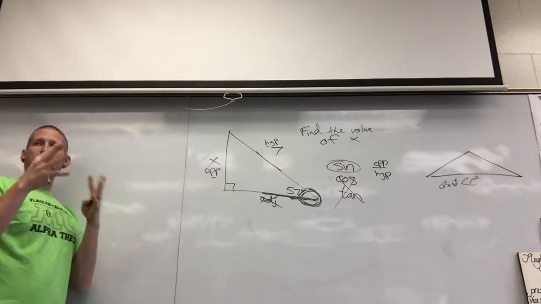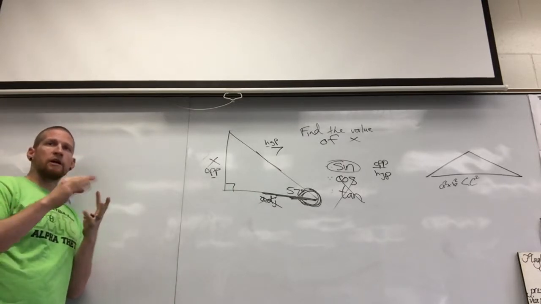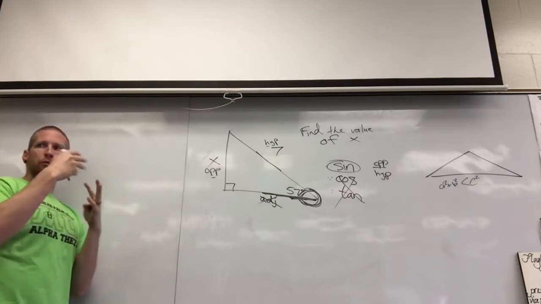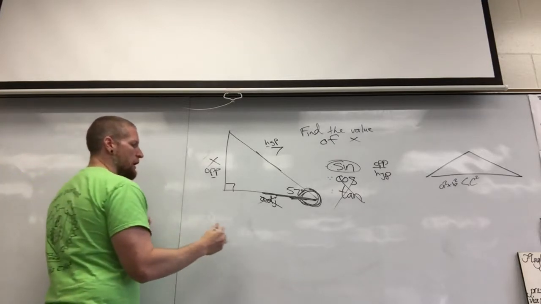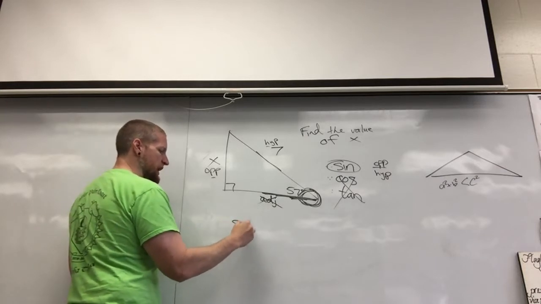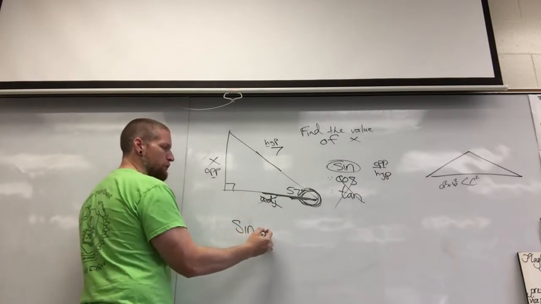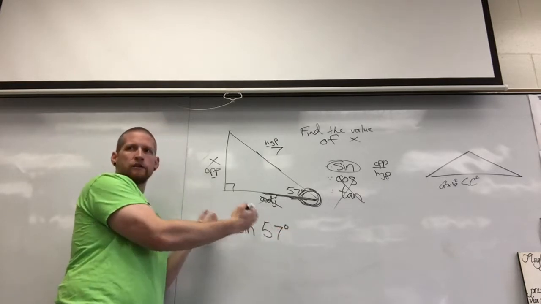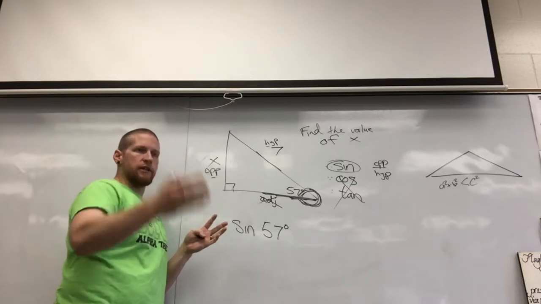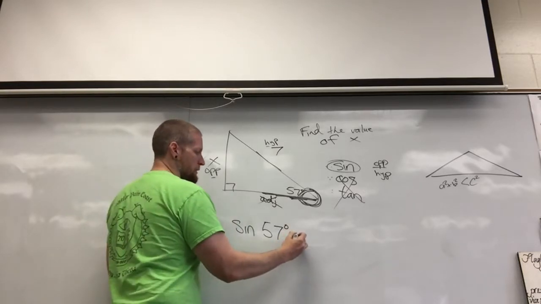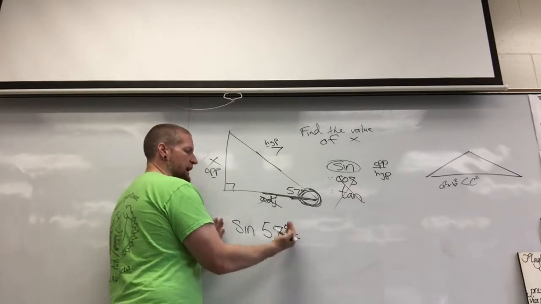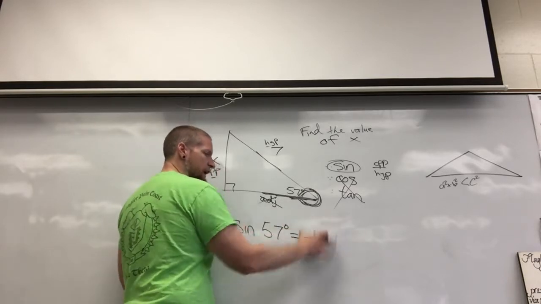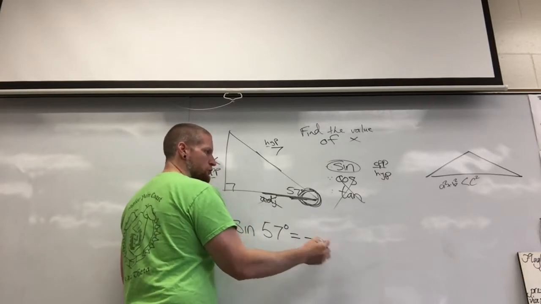So now I know how I need to set my problem up. When the last step said set the proportion up and solve it, the way these get written is you do sine, and then to make this a numerical value, you have to put the actual angle measure there. This is the value you get from your calculator, or from the sheet I just gave you. On the left-hand side, normally you'll write this. On the other side, you write what the actual ratio is.